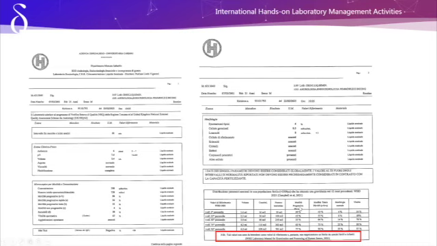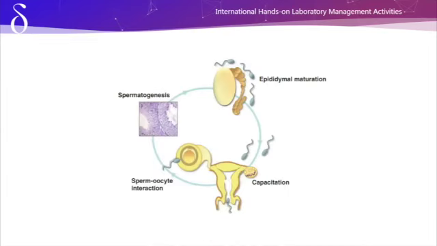And the reason why it has been decided not to use these values as reference values is very simple. It is because, as far as we know, semen analysis cannot tell us which are all the molecules that are useful and necessary for sperm-oocyte interaction and sperm fertilization of the oocytes.